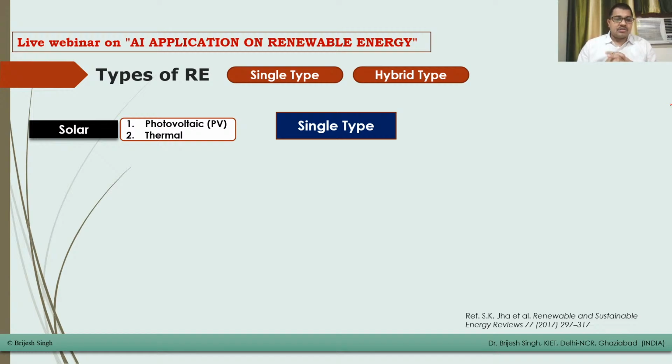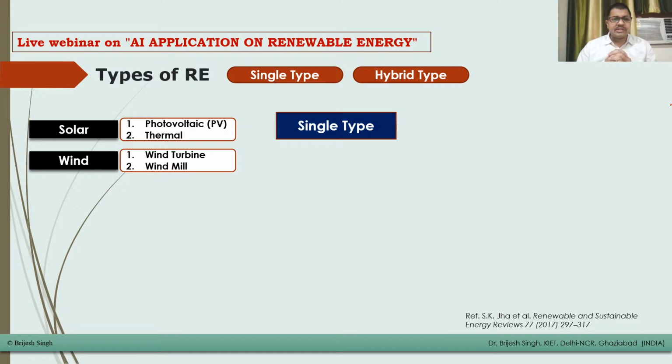On the other side, solar energy has thermal energy. If you are collecting the thermal energy and utilizing it directly for any other purpose, this is again a good example of an acceptable form of energy which is coming from the sun.